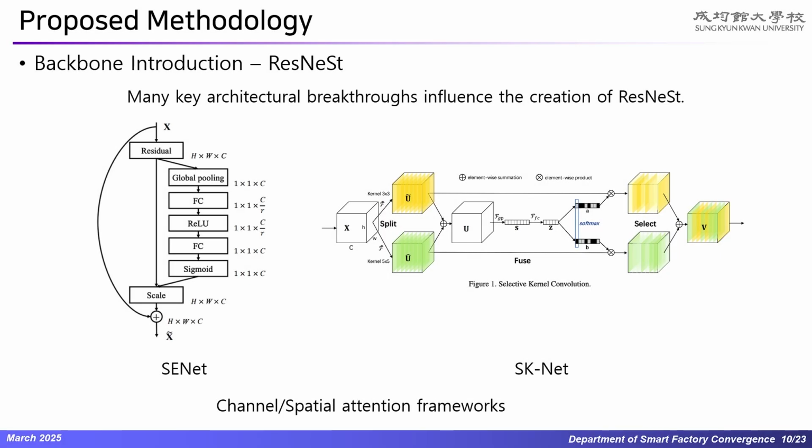Two other critical influences on RDD-Net are SE-Net and SK-Net, both of which focus on attention mechanisms. SE-Net, which is also known as squeeze and excitation network, introduces the notion of a squeeze and excitation block, something like this, to apply channel-wise attention. The squeeze step uses global average pooling across the spatial dimensions, collapsing each channel into a single scalar that reflects its overall importance.